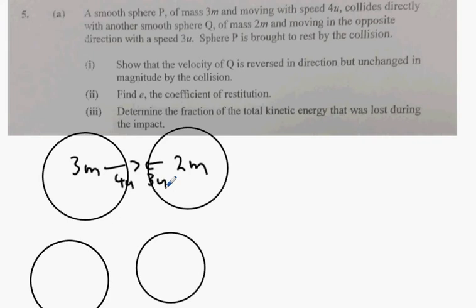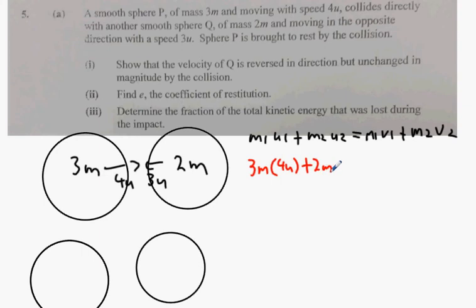Then we go m1u1 plus m2u2, PCM, principle of conservation of momentum, equals m1v1 plus m2v2. Now what we have is 3m times u, what's u1, 4u. We got 2m times minus 3u, because it's gone in the opposite direction, and that equals mv1 plus mv2.